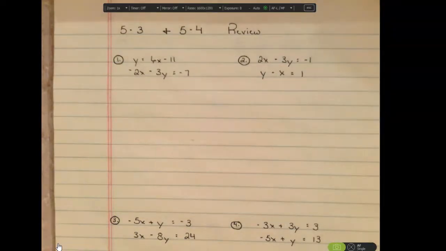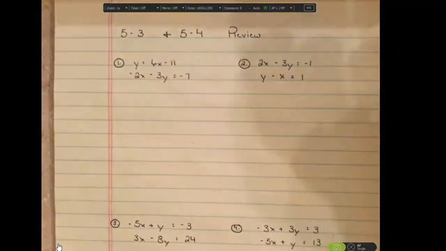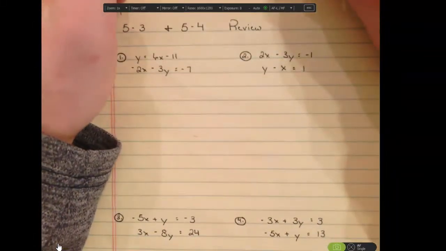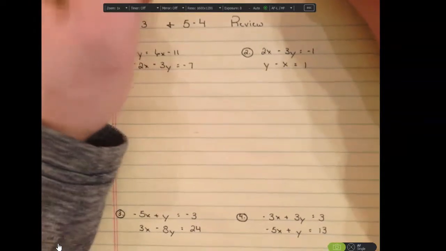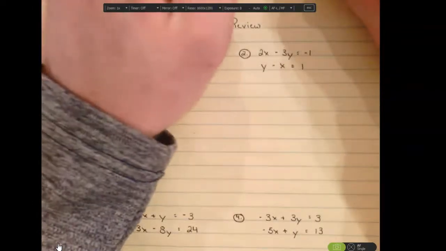Now let's get started with this mini section. I've got a couple problems over 5-3 and 5-4. 5-3 dealt with substitution, and 5-4 dealt with elimination.